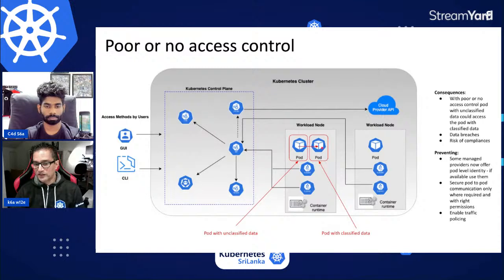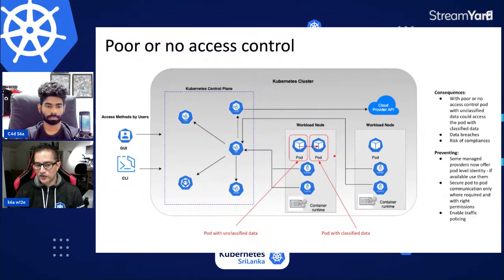So have it secured at the Kubernetes network level, or the service can encrypt the data itself. It's called encryption in transit. And also, if the data is ever stored in the pod, even temporarily, ensure that it's encrypted at rest as well.